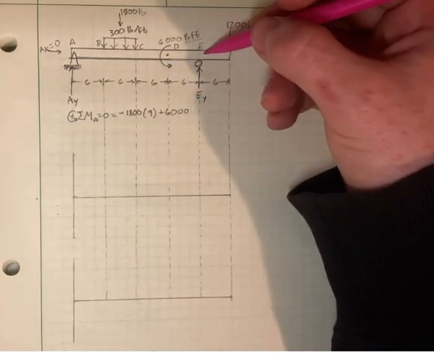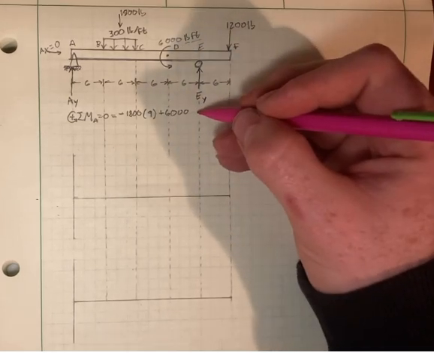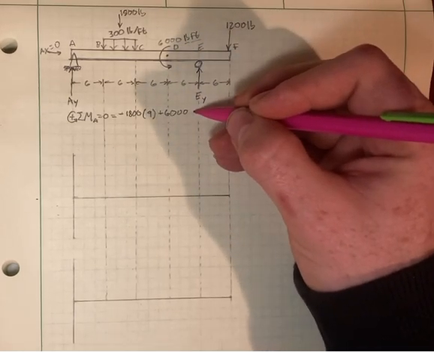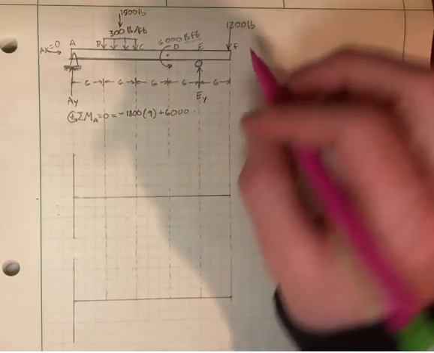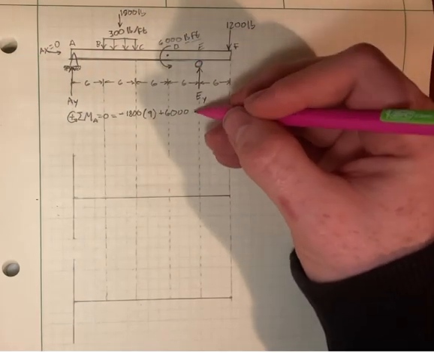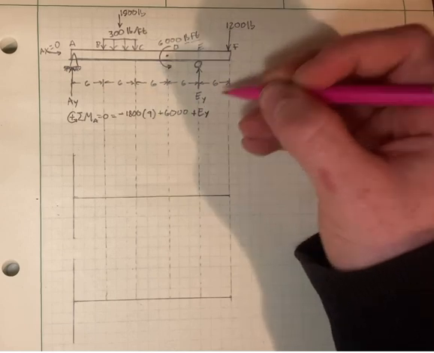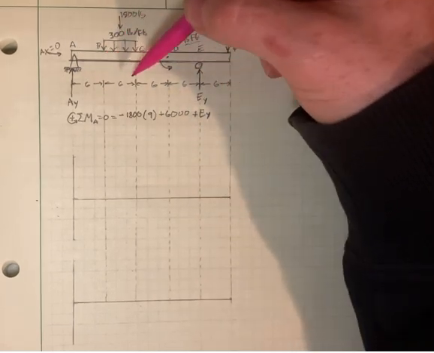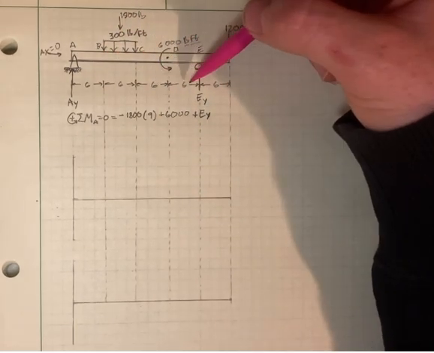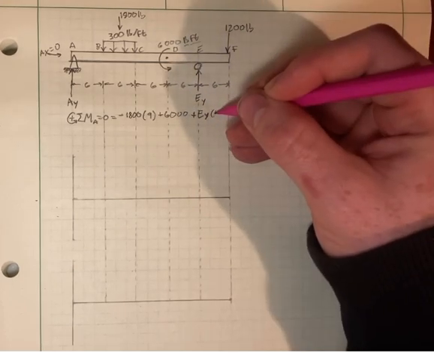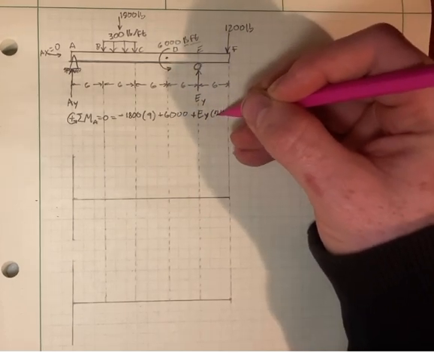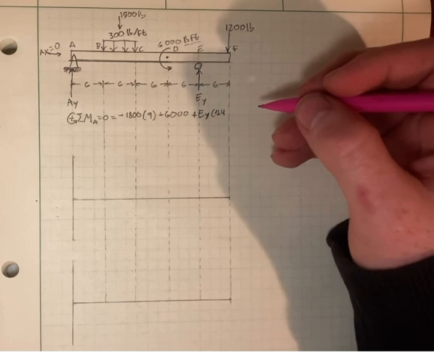Then keep going left to right, EY, there it is. It's going to spin the thing in the positive moment direction, so it's going to be a positive EY, and how far away is it? Let's see, 6, 12, 18, 24. 24 feet, right?